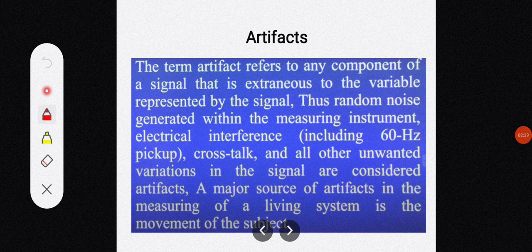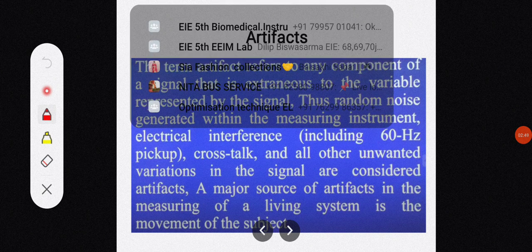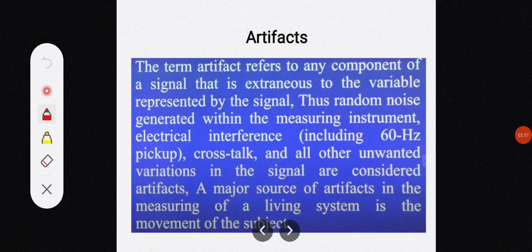Now a major source of artifact seen in measuring a living system is the motion of the subject, or you can say movement of the subject. How? Suppose you have already inserted a transducer inside the human body and you want to measure some physiological variable. Here, by subject I am referring to the human body.